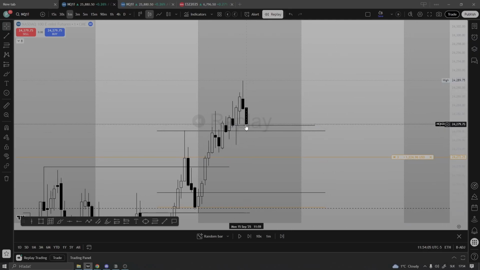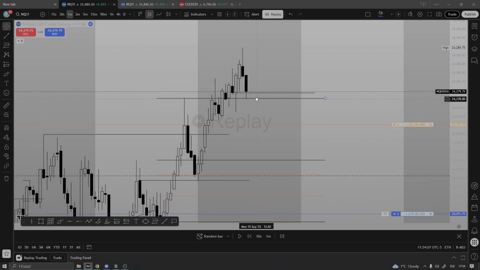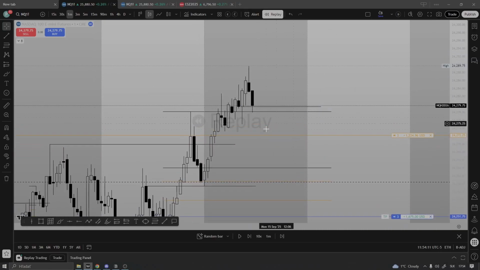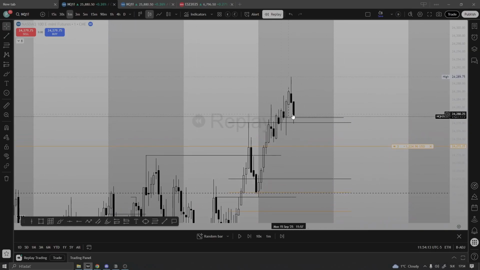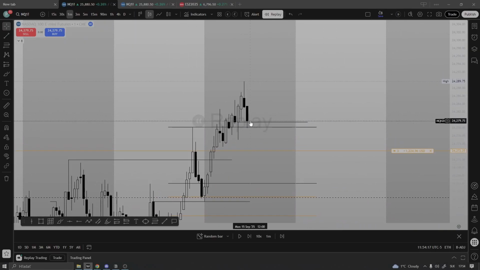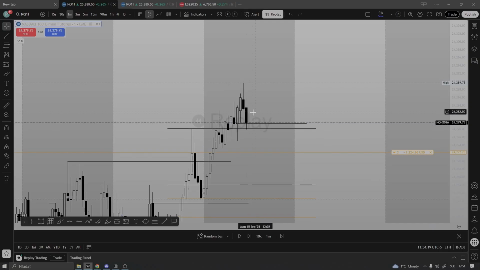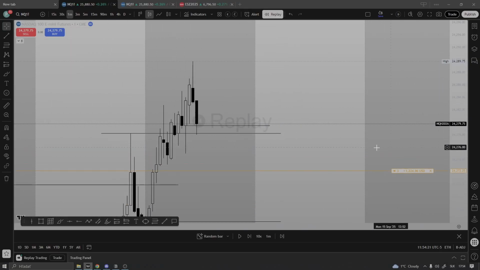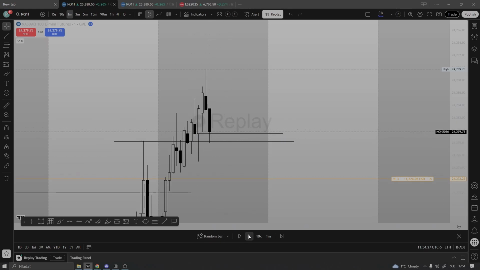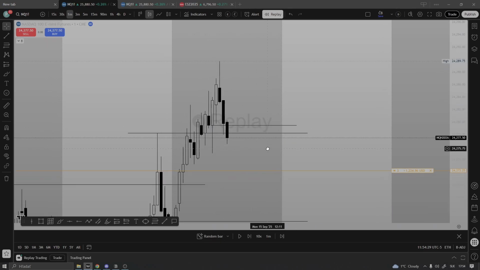We are not closing yet below it, but okay, we did not create a CISD yet. In terms of normal trading, I would say this is a pretty okay spot for entry right here. Still we are risking because again we did not create a CISD yet, but this looks pretty good.